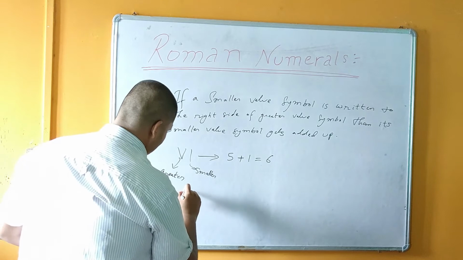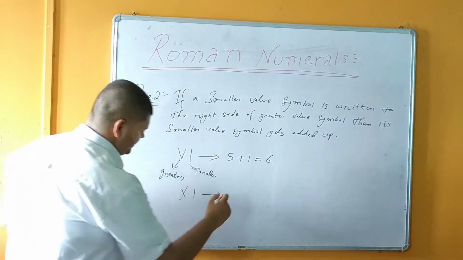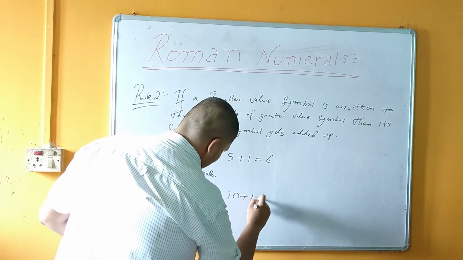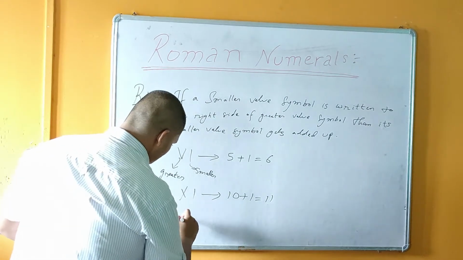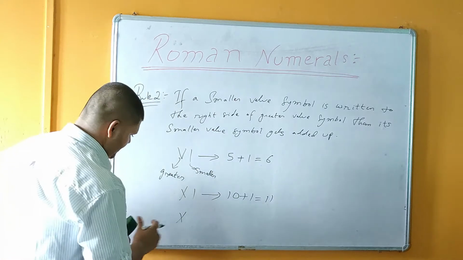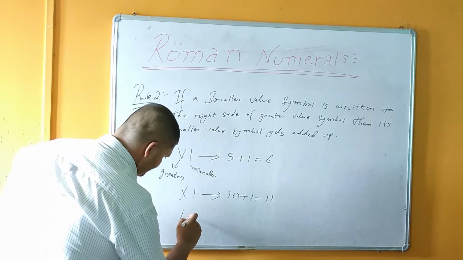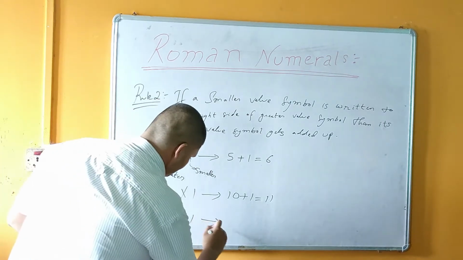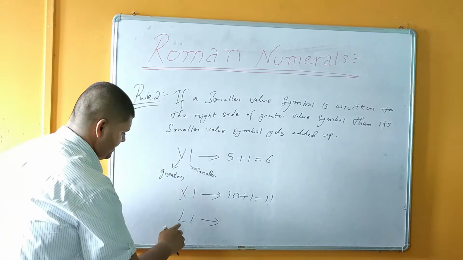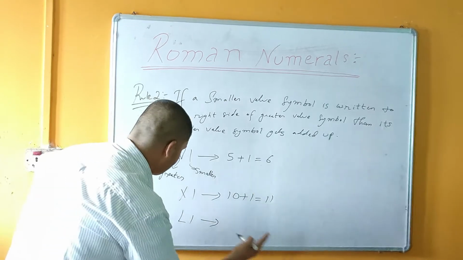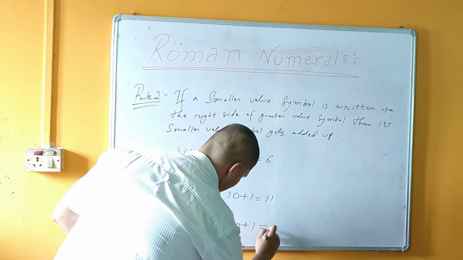Similarly, if I write XI, it is nothing but 10 plus 1, it will give 11. Similarly, I am taking a different number, 50, and here I am writing I. This smaller value symbol is written to the right hand side of the greater value symbol, then its value will get added up. Simply it is 51.